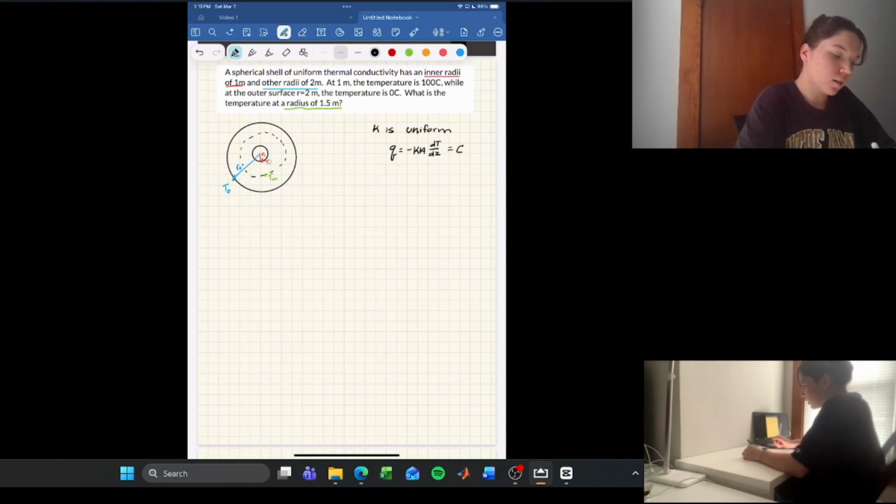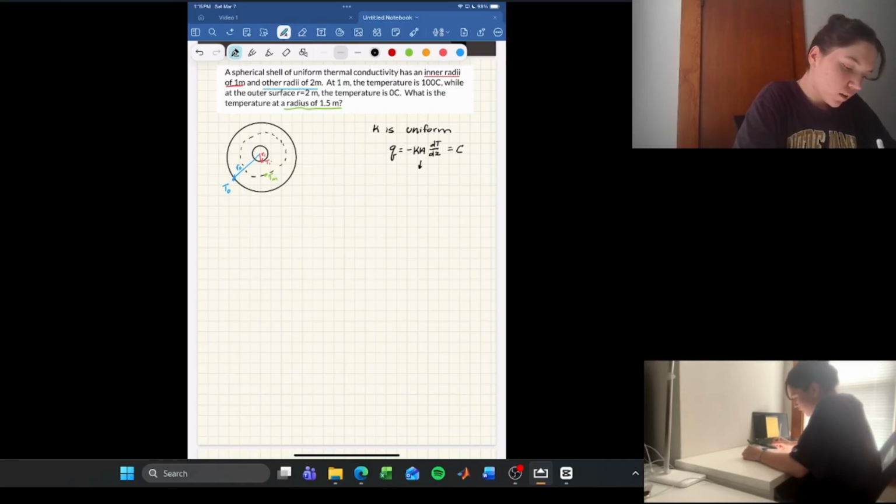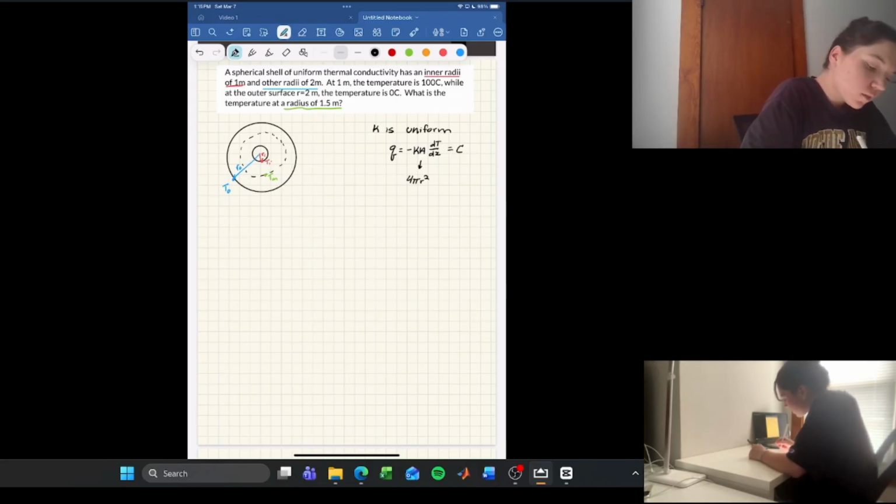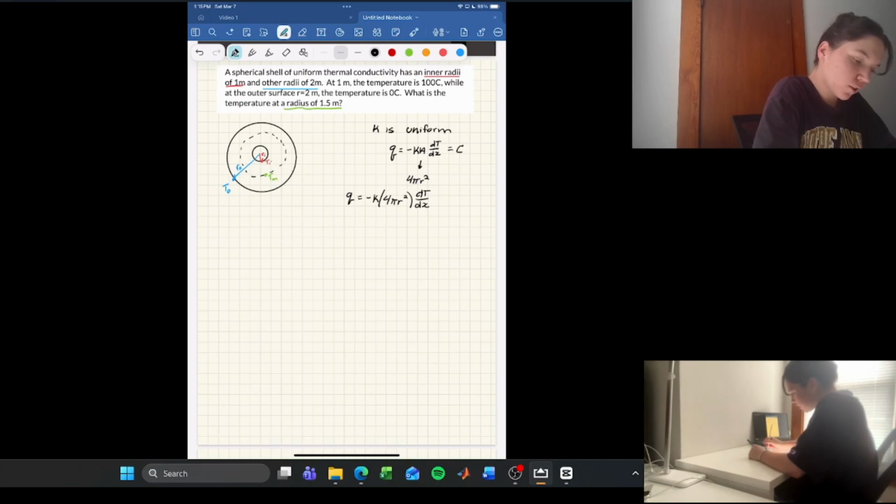So now let's plug in that the area is 4 pi r squared. So now we have that the heat flux is equal to negative thermal conductivity times 4 pi and the radius squared times the change in temperature over the change in position. And this part here is a separable differential equation.